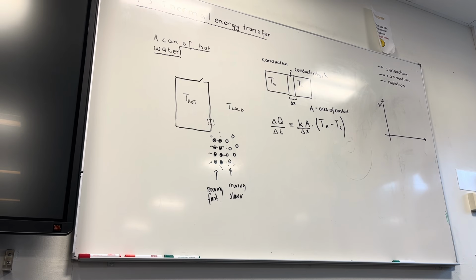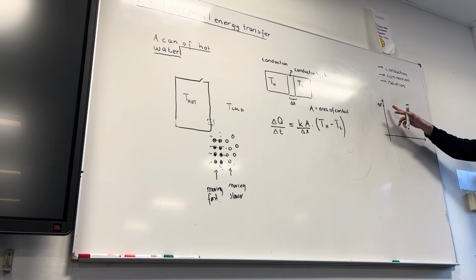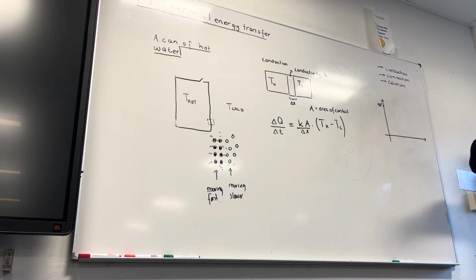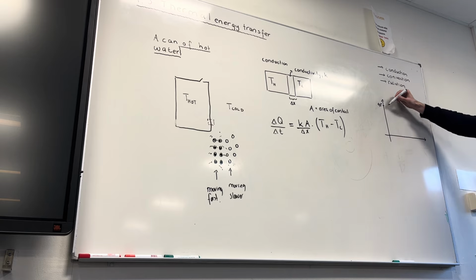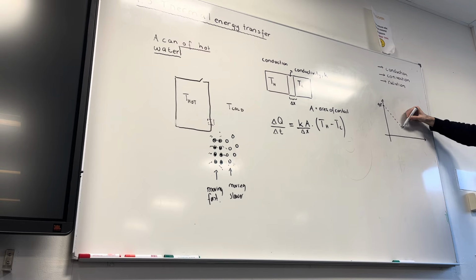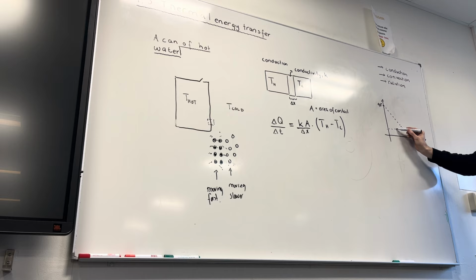Let's assume that the surroundings are 20 degrees. How will the temperature vary with time? If I just put a hot can in a room of 20 degrees, how will that look? Yeah, this will go down until it reaches room temperature. Okay, so we go down to room temperature and stop there.